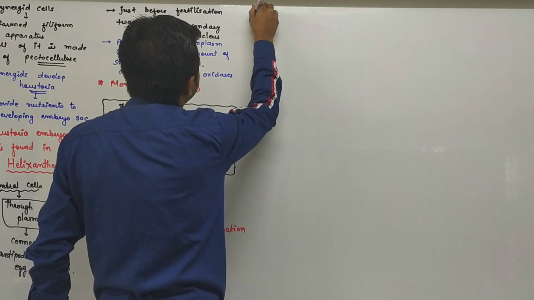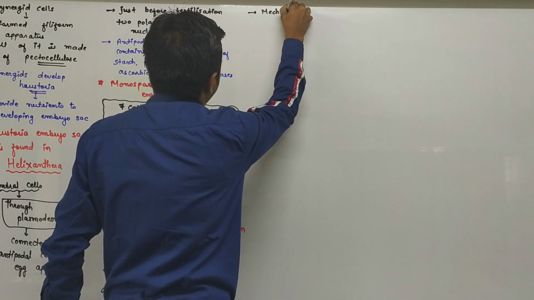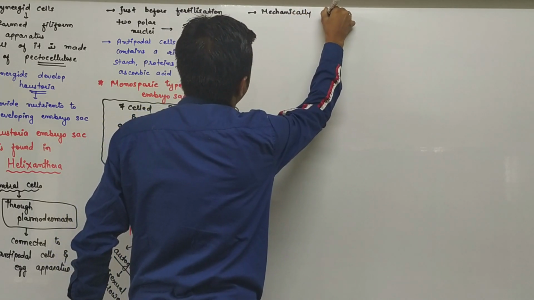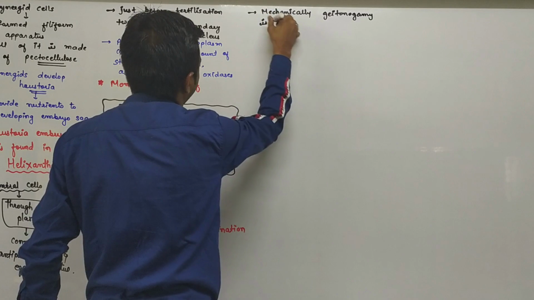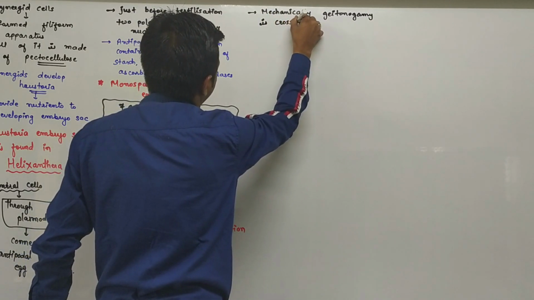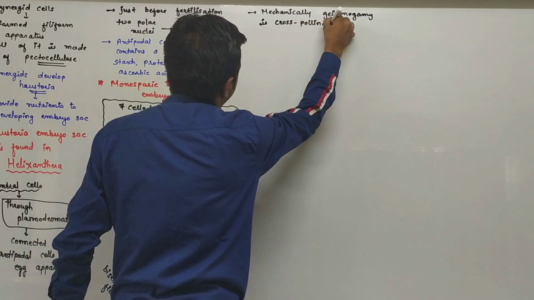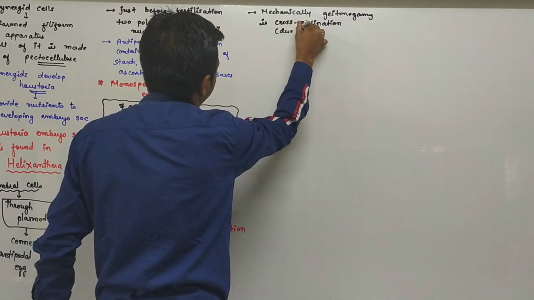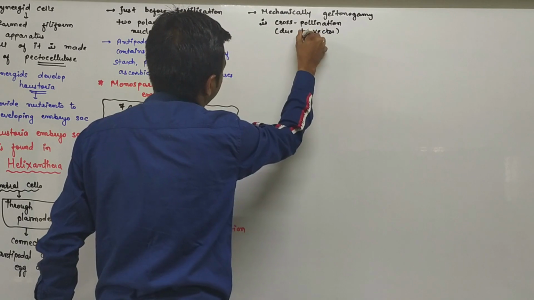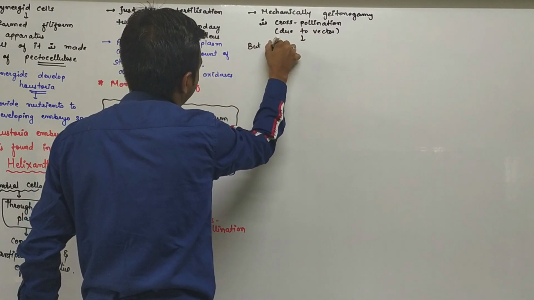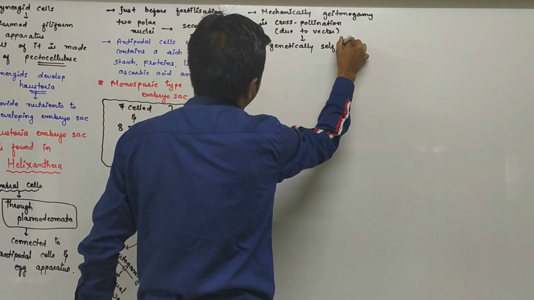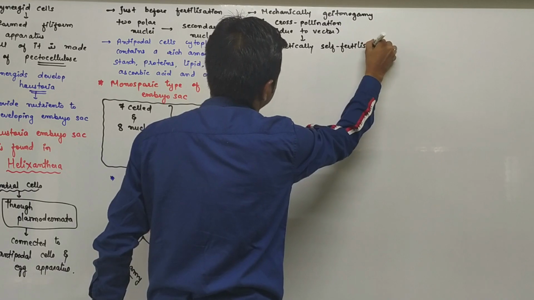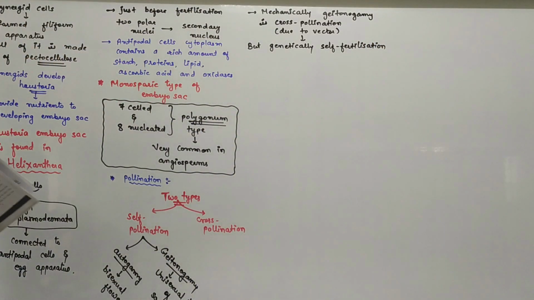One important thing here: mechanically, geitonogamy is cross-pollination.